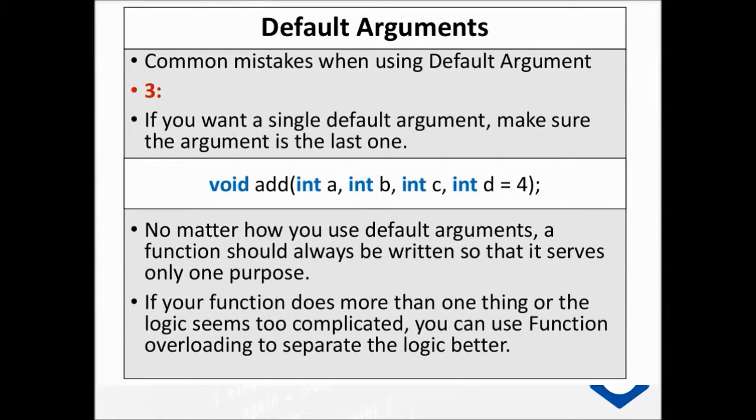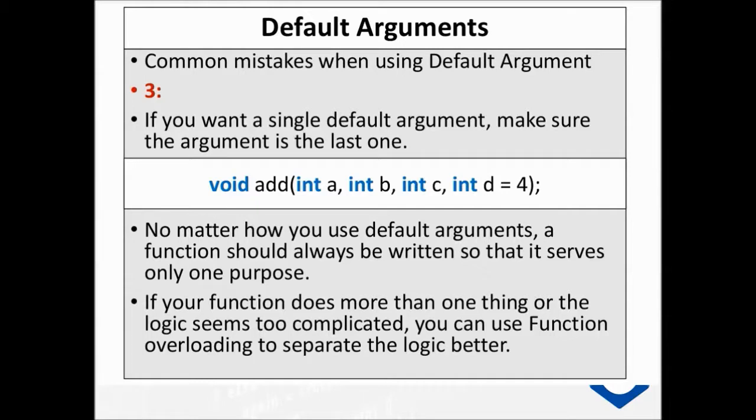The third common mistake is, if you want a single default argument, make sure the argument is the last one. So if we write this as int a, int b, int c, int d = 4, here d = 4 is the default argument and it is the last one.